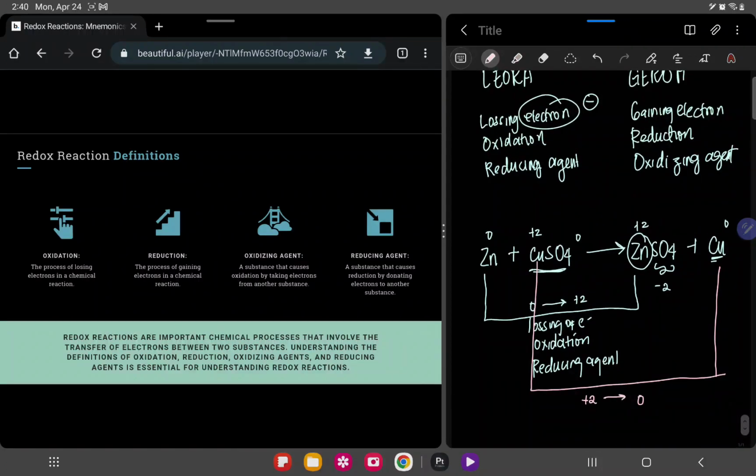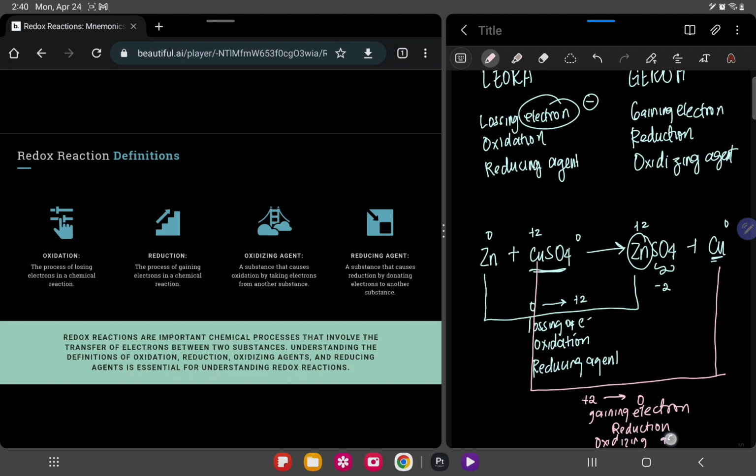So that is gaining an electron, because from positive 2, it became nearer to the negative value. 0 is nearer to the negative value, so there is a decrease of positivity, or gaining of electrons. Now that it is gaining more electrons, the process is called reduction. And copper here is your oxidizing agent.